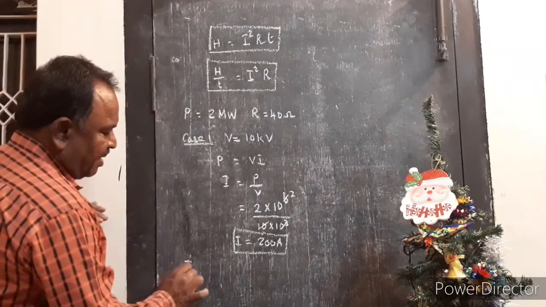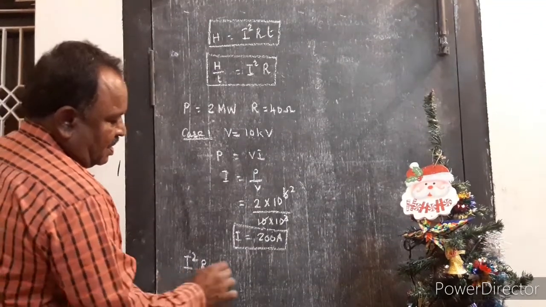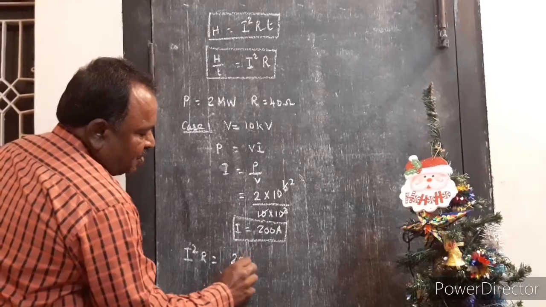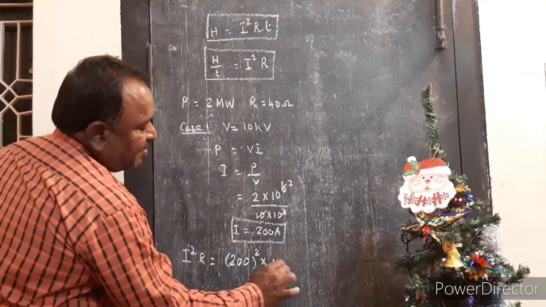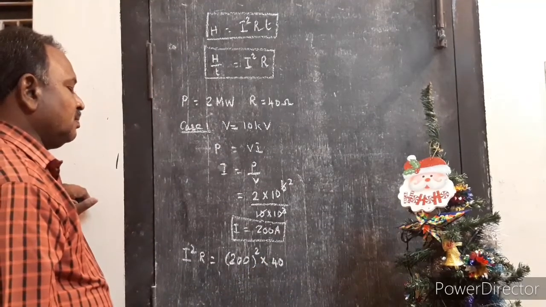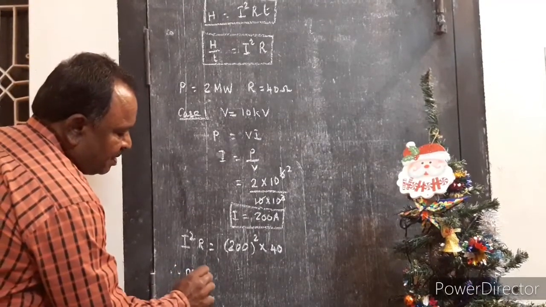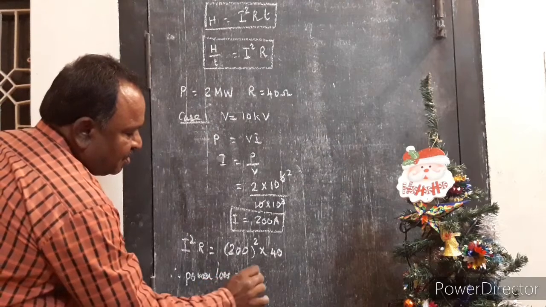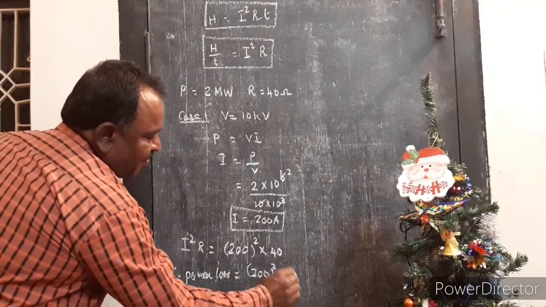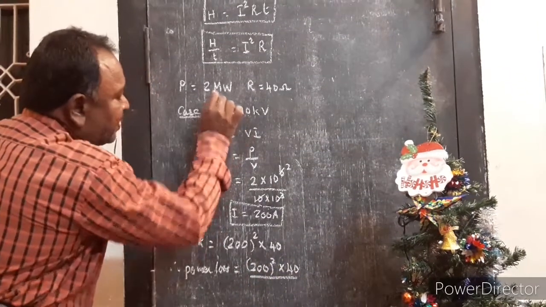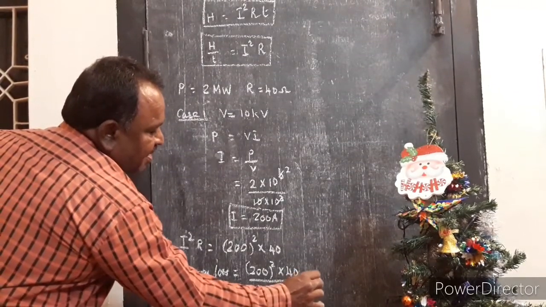So let us calculate the power loss. I squared R is equal to 200 squared into 40. Therefore, the percentage of power loss is 200 squared into 40 divided by 2 into 10 power 6, into 100.